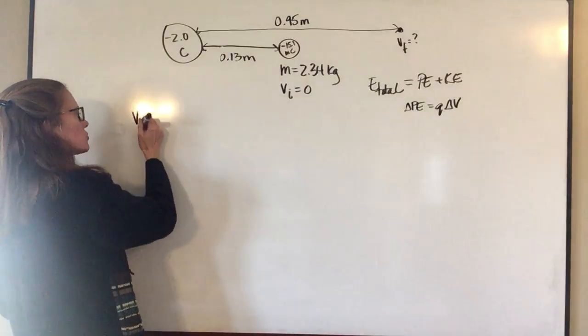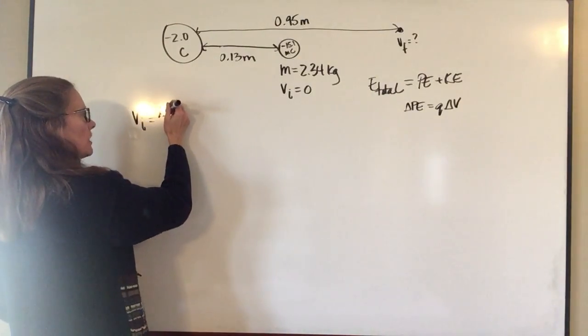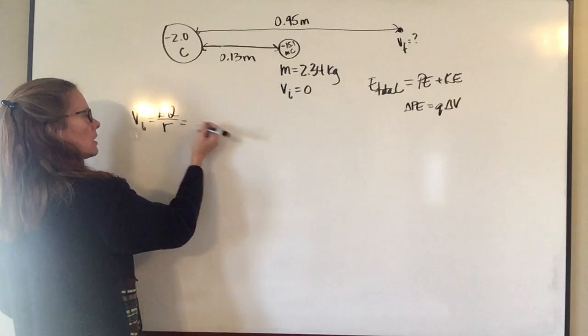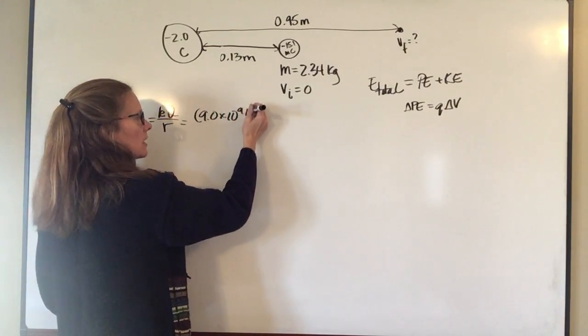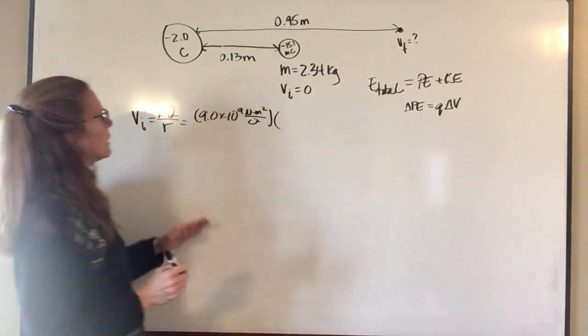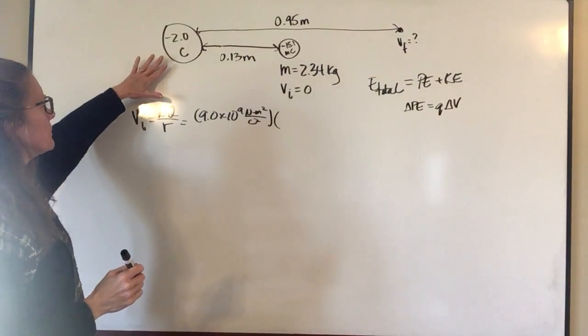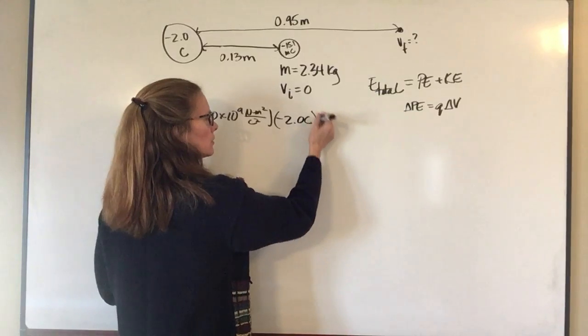So the initial electric potential for this, remember that we do that by finding kQ over r. So k is 9.0 times 10 to the 9th newton meters squared per coulomb squared. The stationary charge is a negative 2 coulombs, so I'll put that in here.